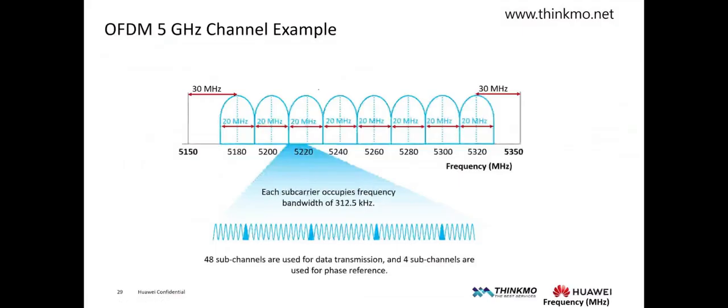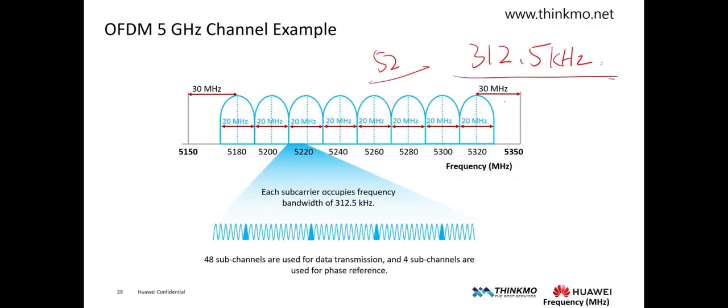Next, let's take a look at how OFDM technology is applied in 5G communication systems. In the 5G network, we have a total of 52 subcarriers, which can also be referred to as channels. The bandwidth of each subcarrier is 312.5 kHz.